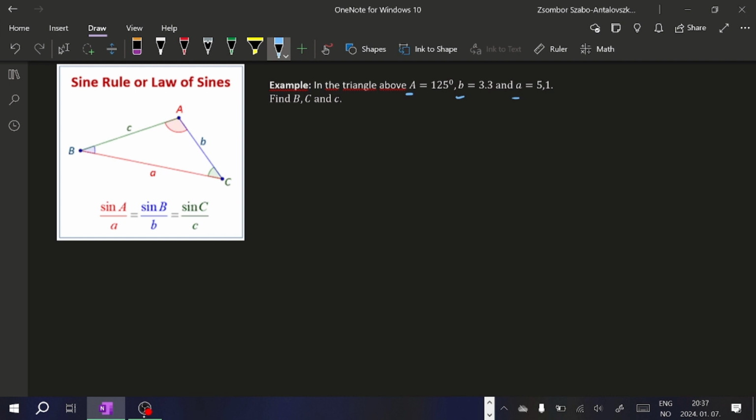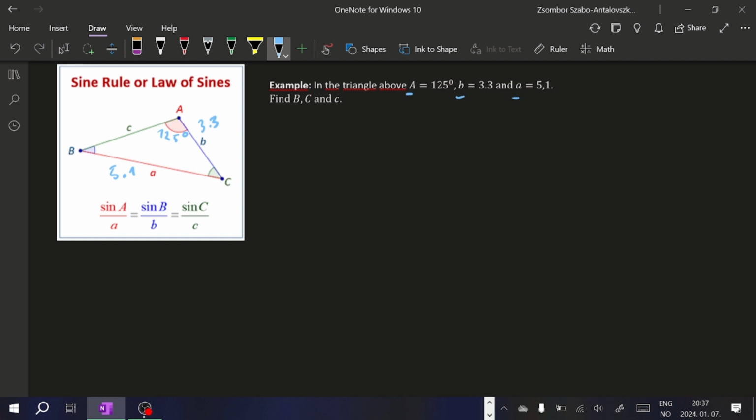Okay, so let's start by finding angle B. Let's write down what we know. We know that side b is 3.3 and side a is 5.1. We also know that this angle here is 125 degrees.